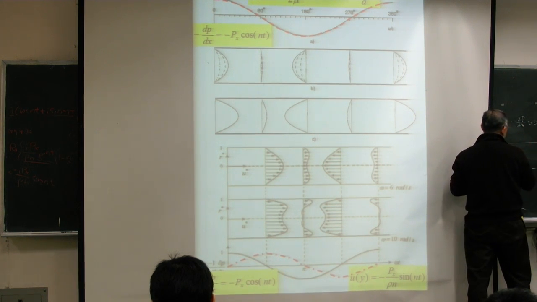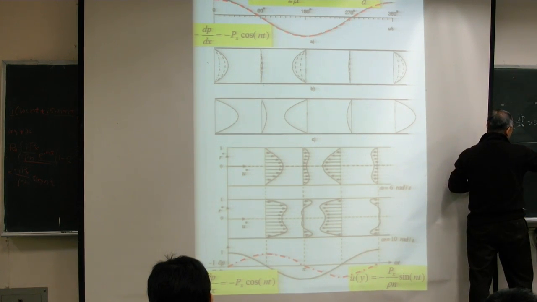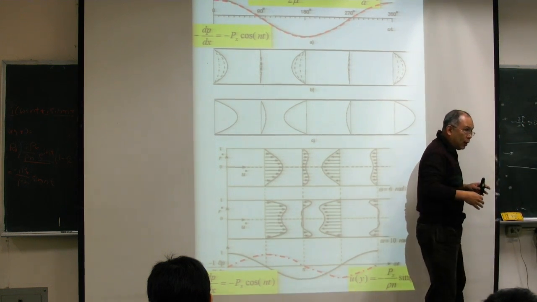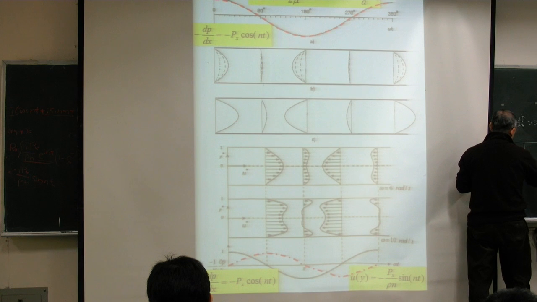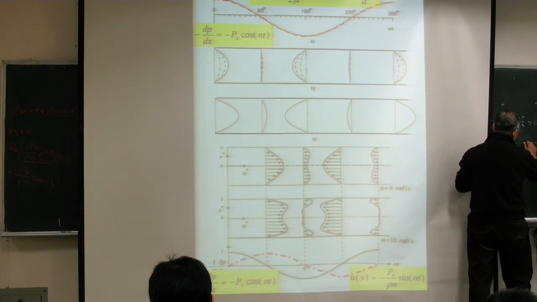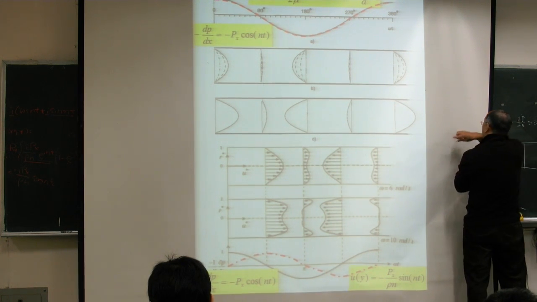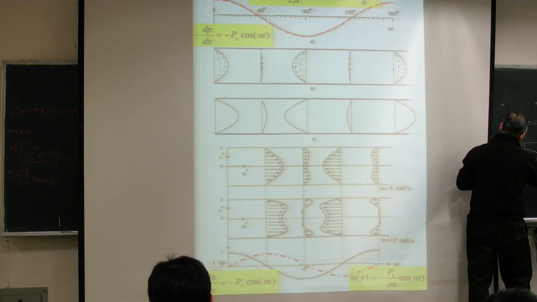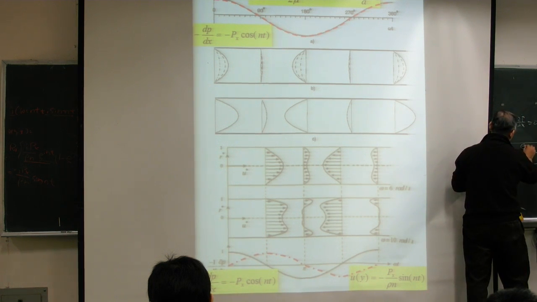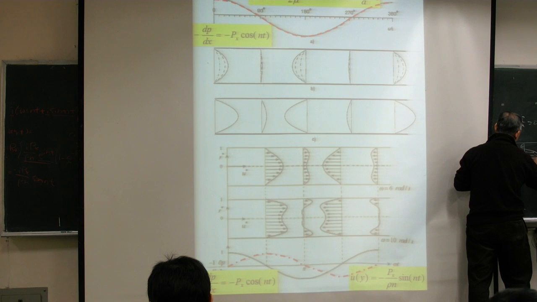So the flow is always forward, but however the forward pressure gradient alternates between larger and smaller. As I mentioned here, you may have this case, and you may have a flow like this in different directions.